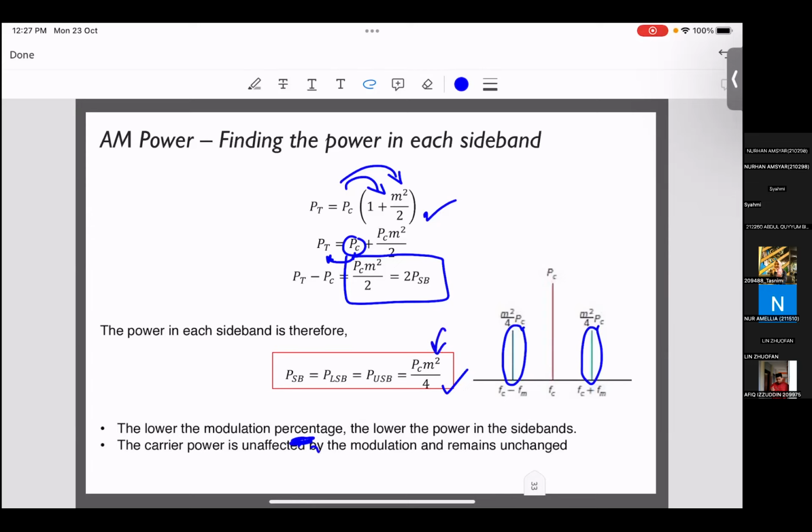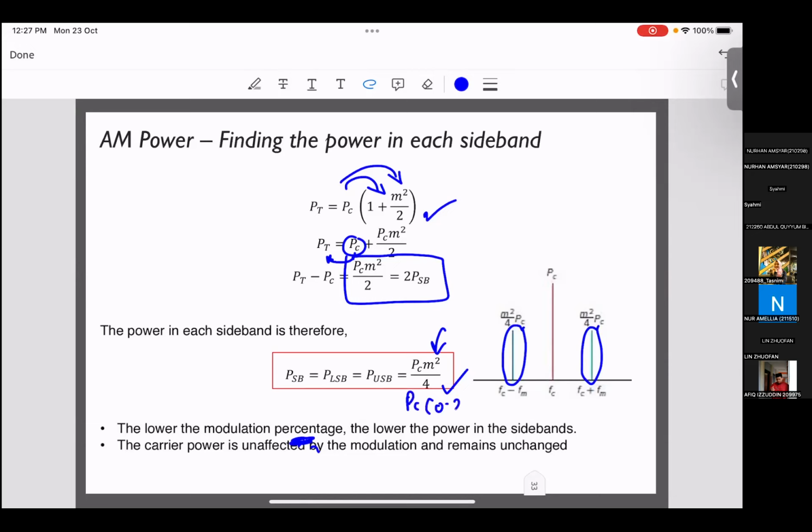So if you look at this equation, if your modulation percentage is the maximum, which is 1, you would get PC over 4. But if your m is less than 1, let's say it's 0.5, then 0.5 squared would give you 0.25.